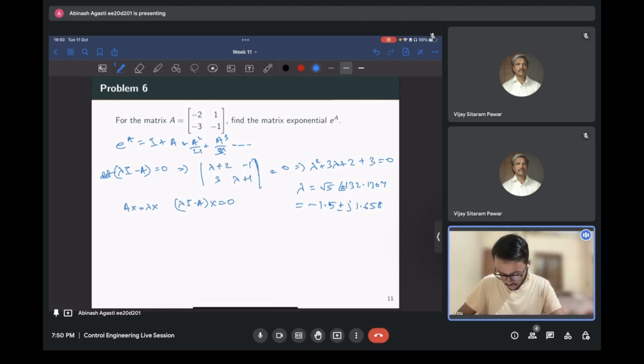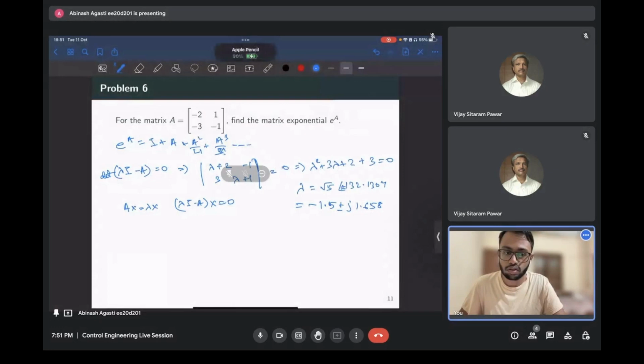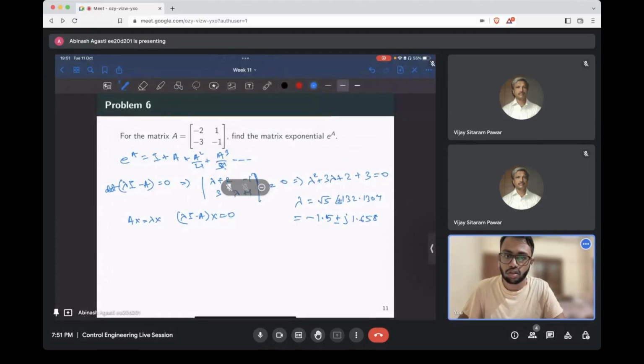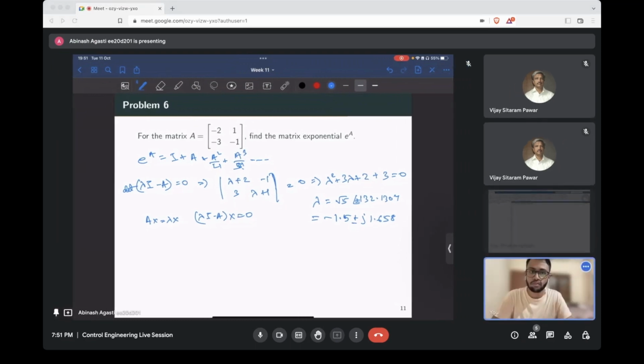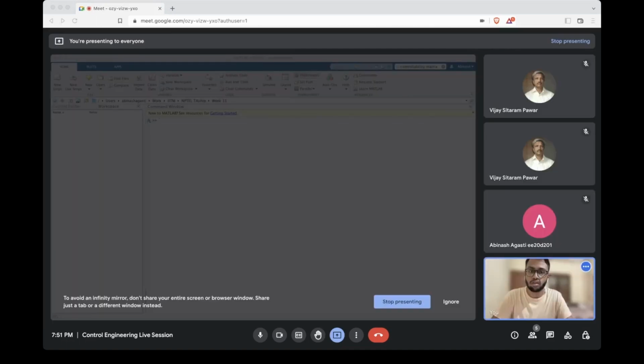So I'll switch over. Is my screen visible?